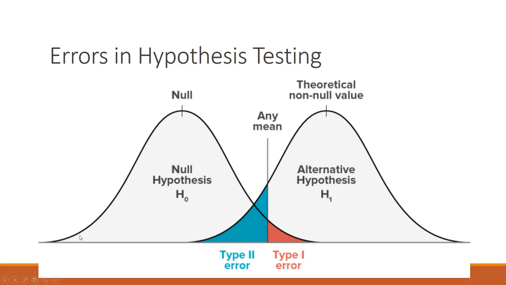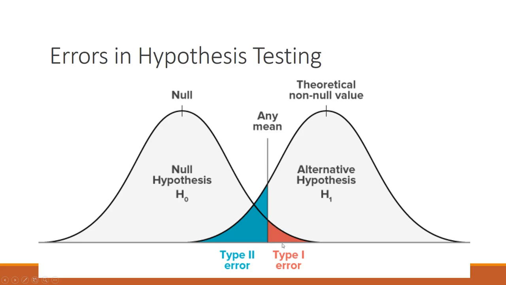So here we've got two distributions. We've got a sampling distribution of the mean if the null hypothesis is true, and a sampling distribution of the mean if the alternative hypothesis is true. Anytime we have a particular mean, so let's say some critical value of the mean, the chance of committing type 1 error is the space below the function for the null hypothesis and to the right of that value.